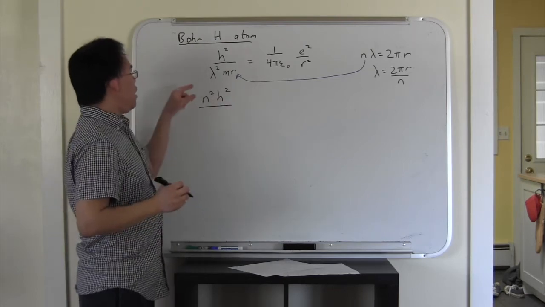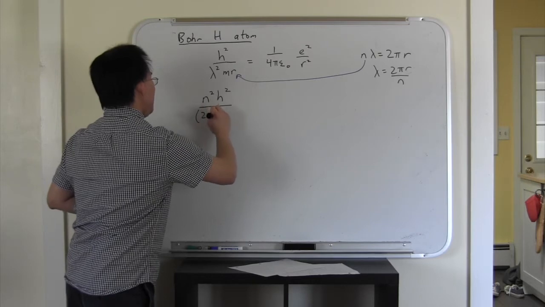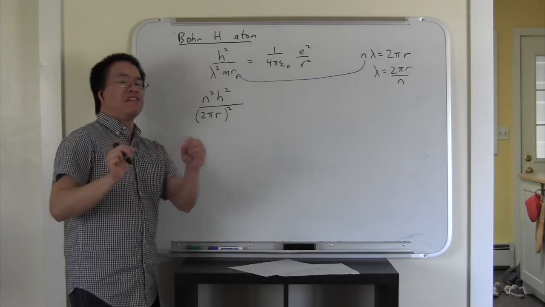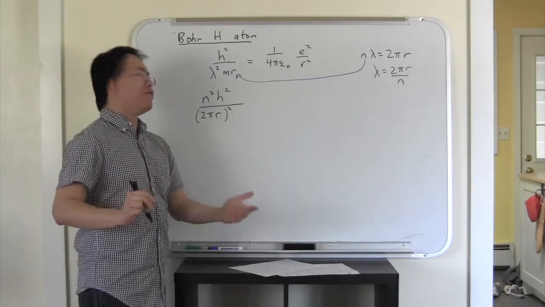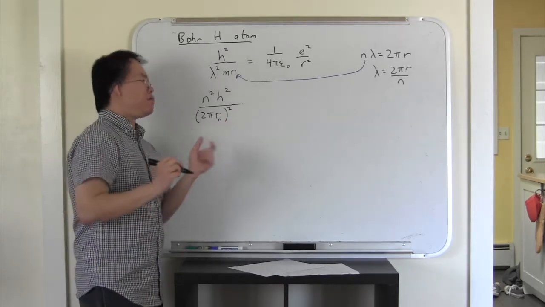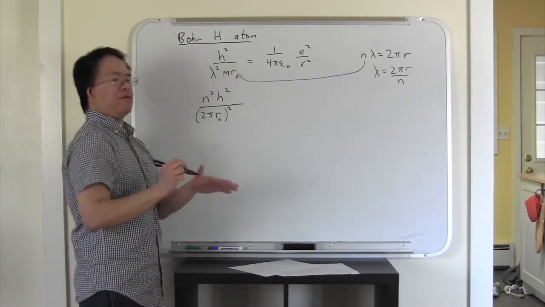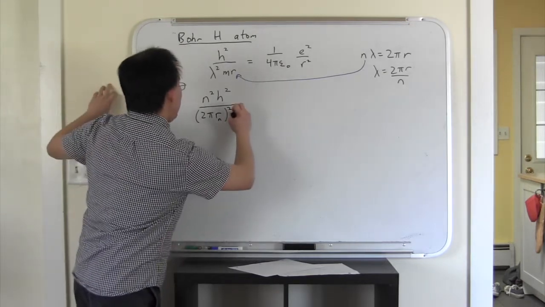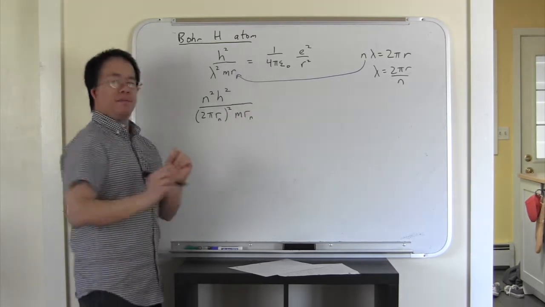Now the rest of my lambda, I have 2 pi times r, the quantity squared. Now because there's an n dependence on this, there are different allowed wavelengths for each value of n. I'm now going to switch to labeling my r with r sub n to denote the radius associated with a particular value of n. So doing that, we now have an m here and an r sub n there.